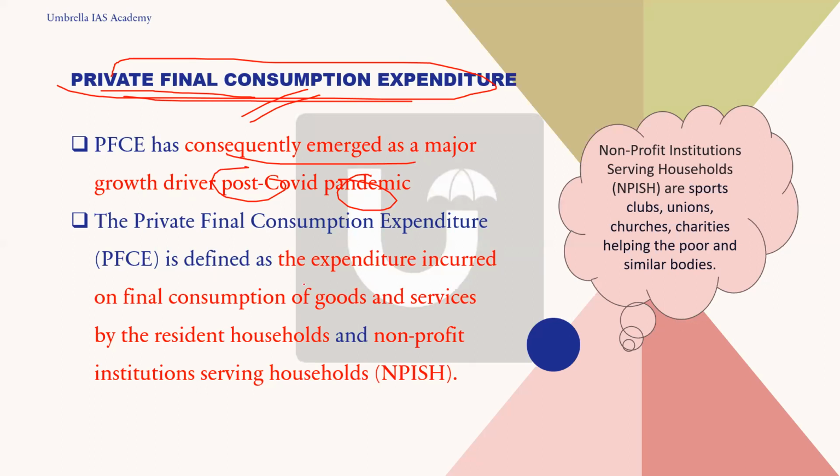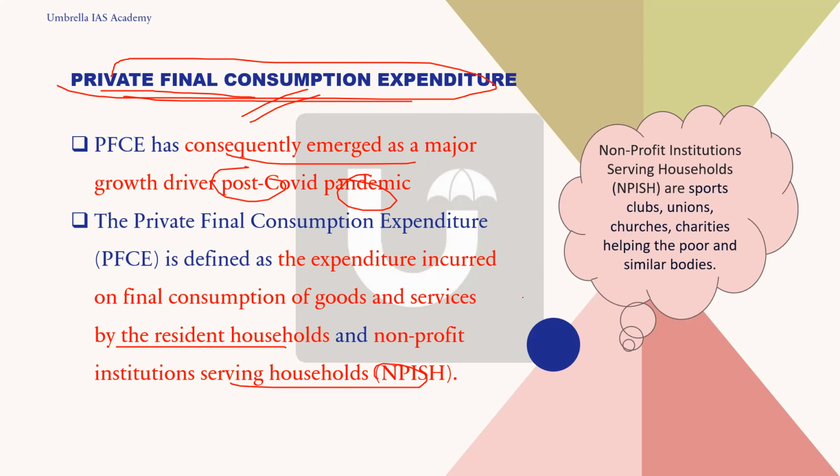So what is this? Basically, expenditure incurred on final consumption of goods and services by resident households and non-profit institutions serving households. So even non-profit institutions also supply goods, right? So they also come under this private final consumption expenditure. For example, an NGO is providing, let us say, free meals.